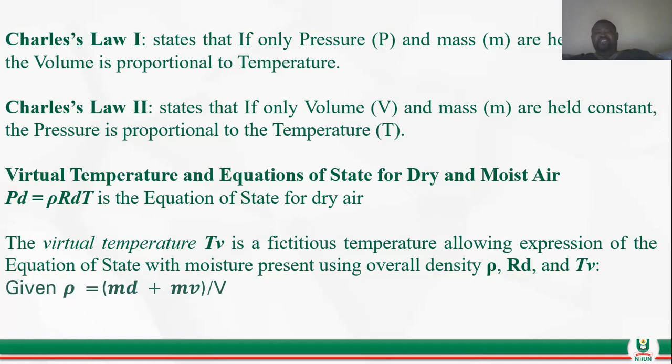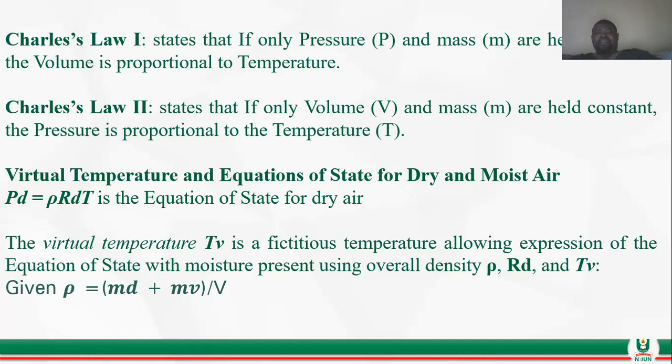In this case, pressure is directly proportional to temperature. Hope you understand the difference. In the first law, pressure and mass are held constant, and that's when volume is proportional to temperature. In Charles' law 2, at constant volume and mass, pressure is proportional to temperature.